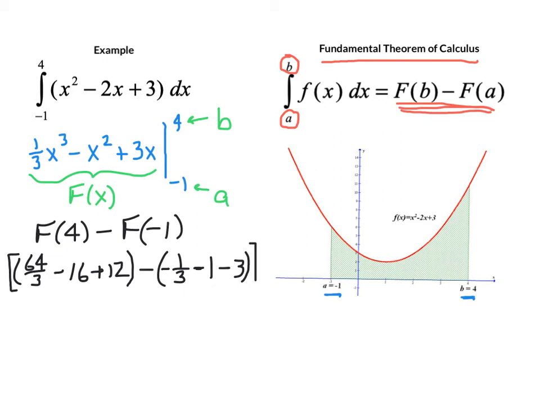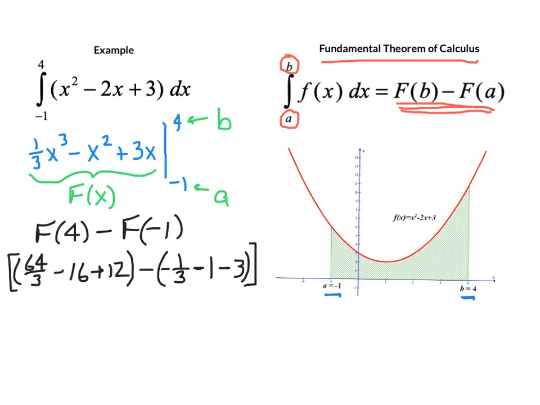So when you're evaluating definite integrals, particularly in polynomial cases, the arithmetic sometimes gets involved with a lot of fractions. You want to watch your signs because we are subtracting the antiderivative at the lower bound. So the typical things that happen, people forget to distribute the negative and things of that nature. But if we just take our time now and evaluate this, we're going to get the area underneath that curve between -1 and 4.